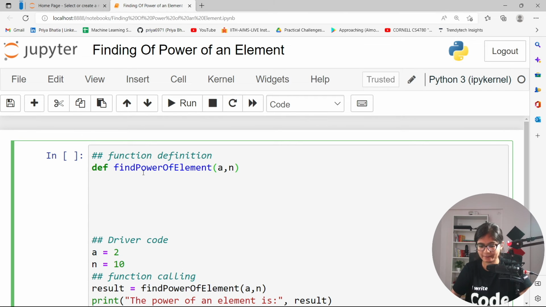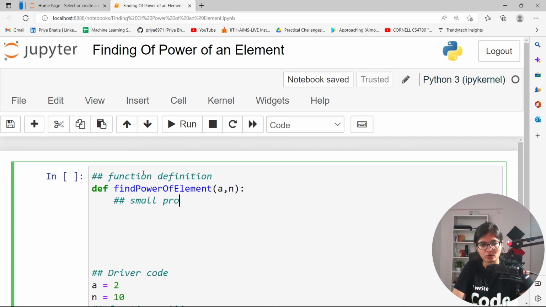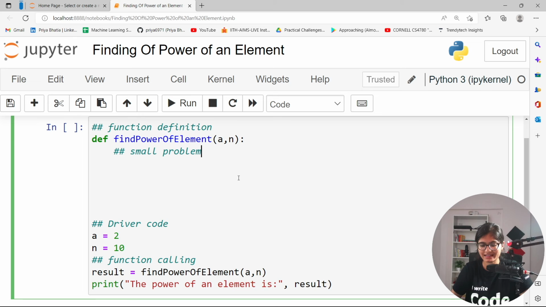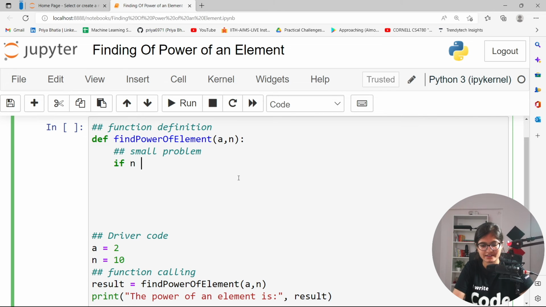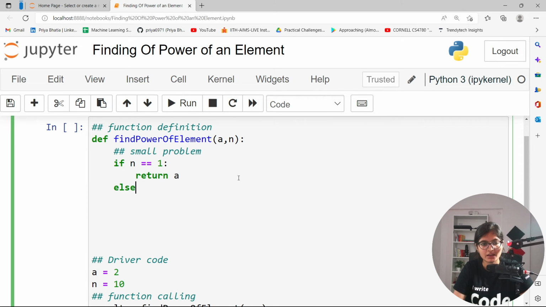So let me copy that. And inside that, I will first of all talk about the small problem. So here what I can do is that if the value of n is equal to 1, it will return to me the value of a directly.